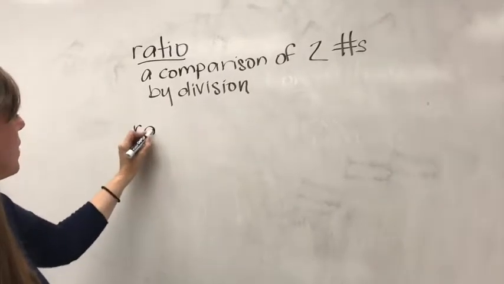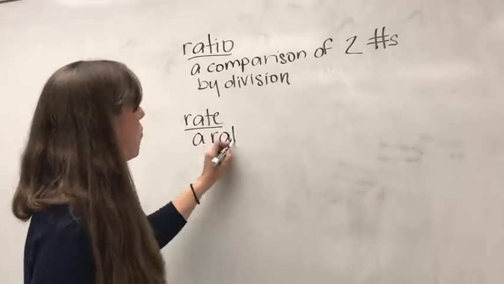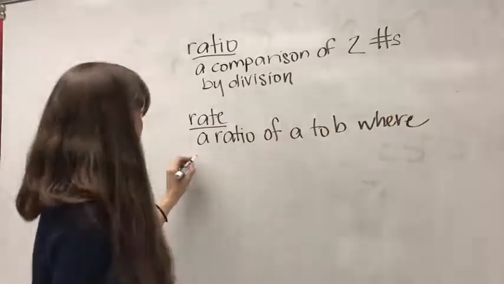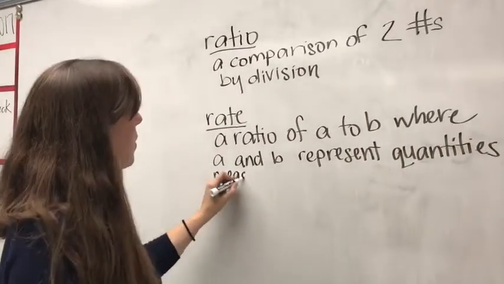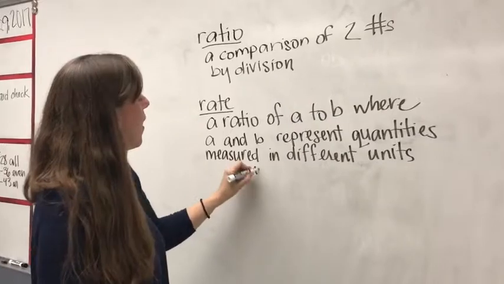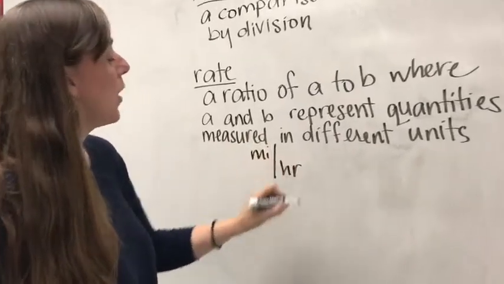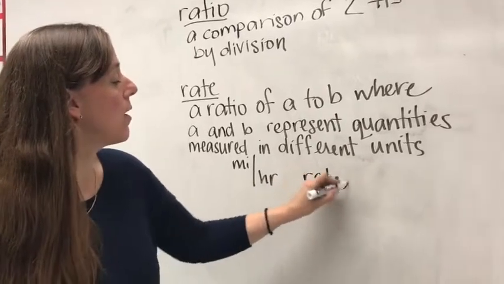Next vocab is the word rate. And rate is a ratio of A to B, where A and B represent quantities measured in different units. Okay, so something like miles per hour is a rate, okay?